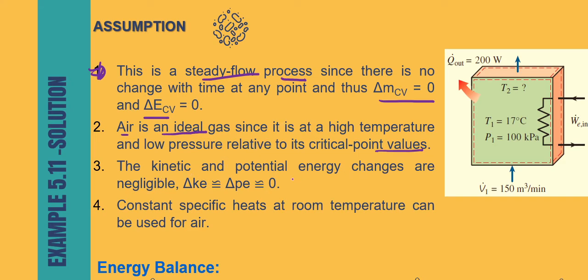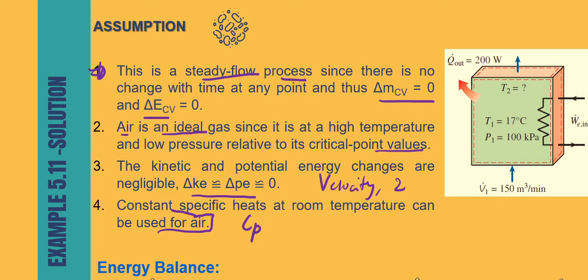Usually kinetic and potential energy are negligible, or this is also not given in the question. There is no value of velocity and z, so we assume there is no kinetic and potential energy change. And then constant specific heat: you can use constant specific heat at room temperature for air instead of using enthalpy. You can use the value of Cp.